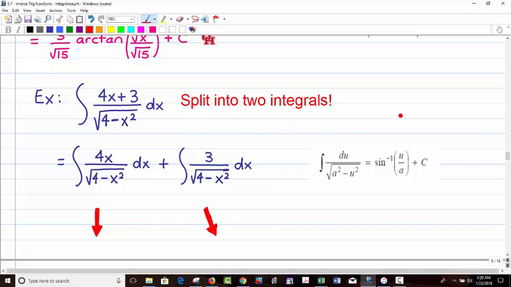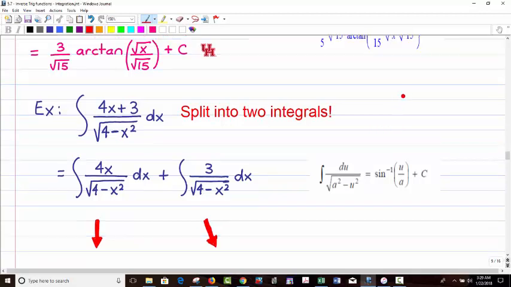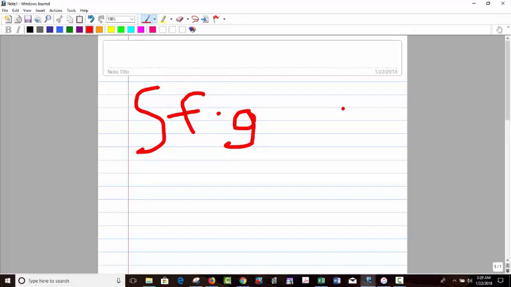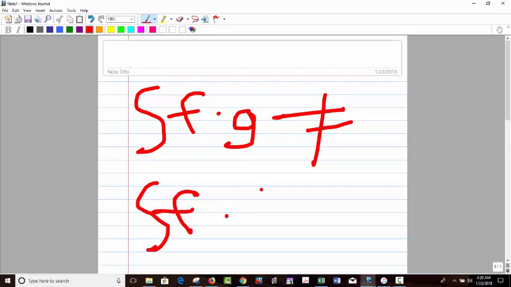Remember, a lot of mistakes I see students make is that you cannot split up multiplication. Let me see. I'm not working on a tablet PC here, so I can't really write, but I can sort of freehand. So you can't say that the integral of f times g is not equal to, thank goodness my notes don't look like this, f times g.